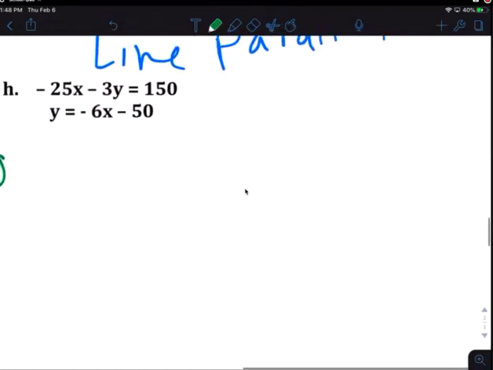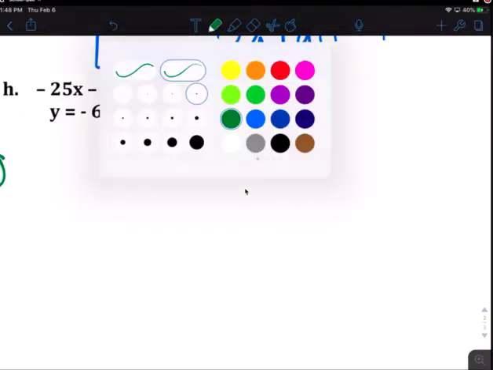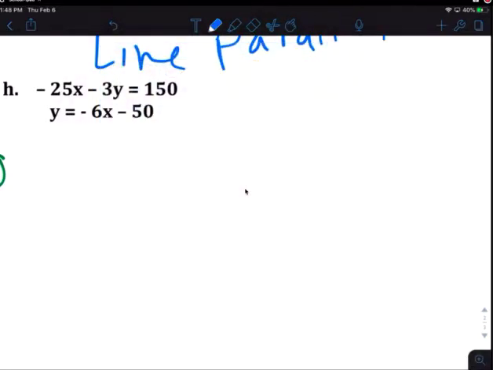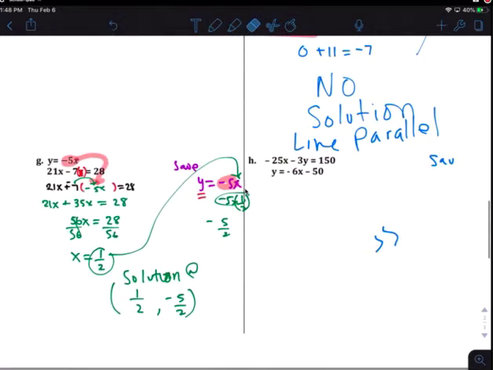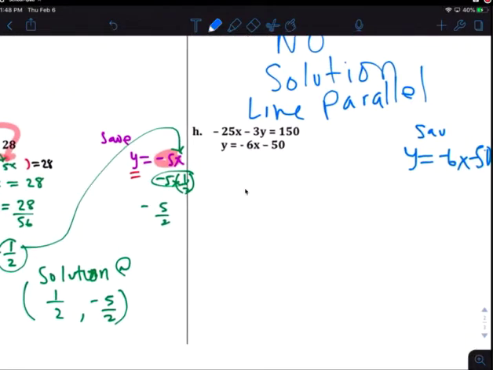Okay, H. Alrighty. This is in standard form. Don't want to save that one. Let's save minus 50, right?